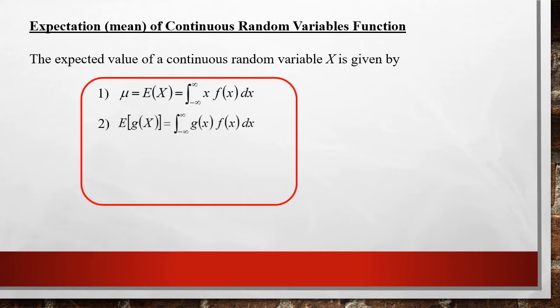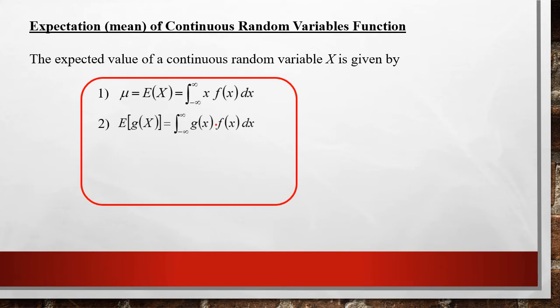Okay, and then we have the properties of the expected value, which is the expected value of a function g of x. So not directly x, but a function g of x. It's the same as the discrete, we just have to multiply g(x) with the probability function. So we have g(x) multiplied by f(x), and then we integrate it from negative infinity up to infinity with respect to x.